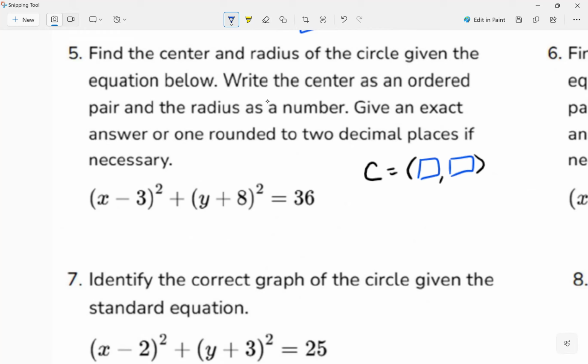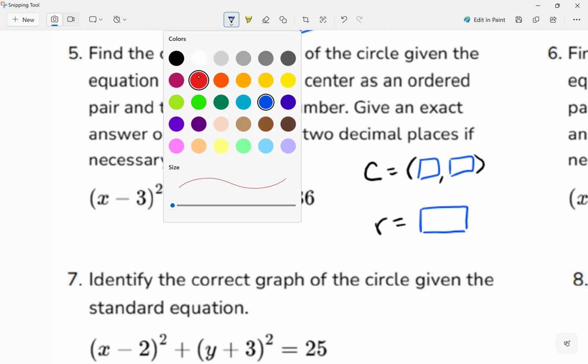It's asking for two values there, the x coordinate and the y coordinate of your center. And then you're also going to see r for radius equals, and then there's a space. Our radius should be a number. If it happens to be a decimal, round it to 2 decimal places.